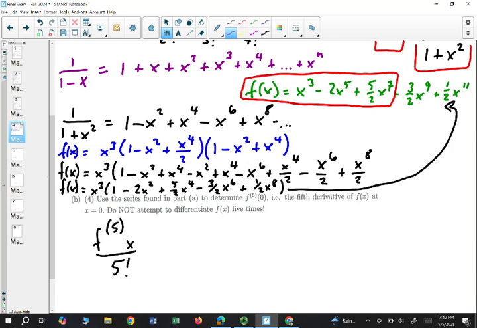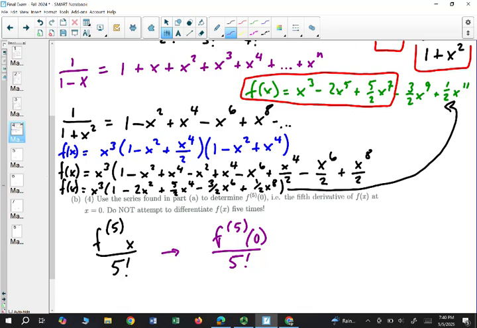Okay, well, how do we set this up? So we know that we're doing this, right? And so if we look at our term with our fifth degree in it, that's the negative 2x to the fifth.